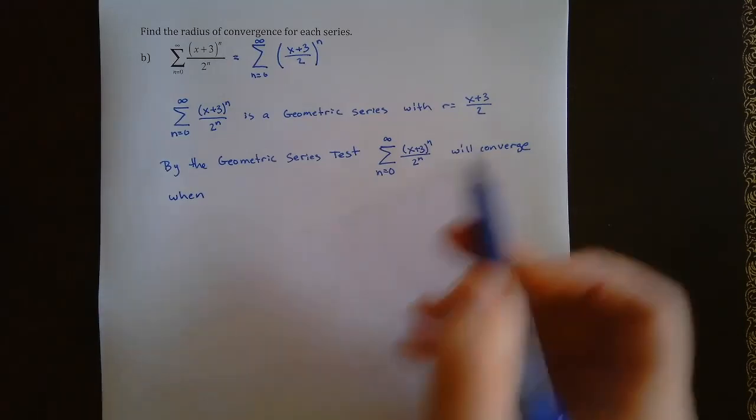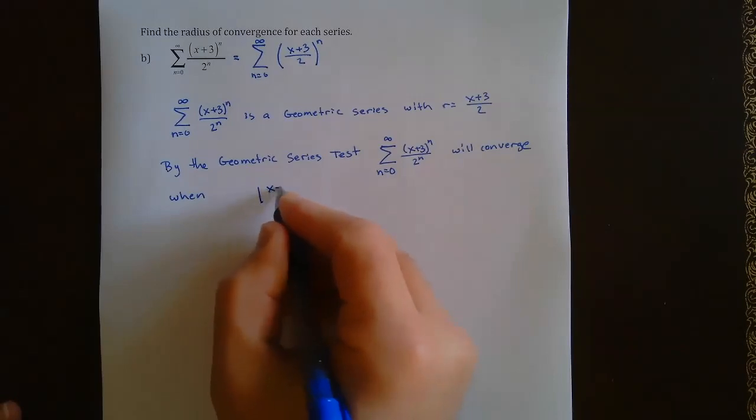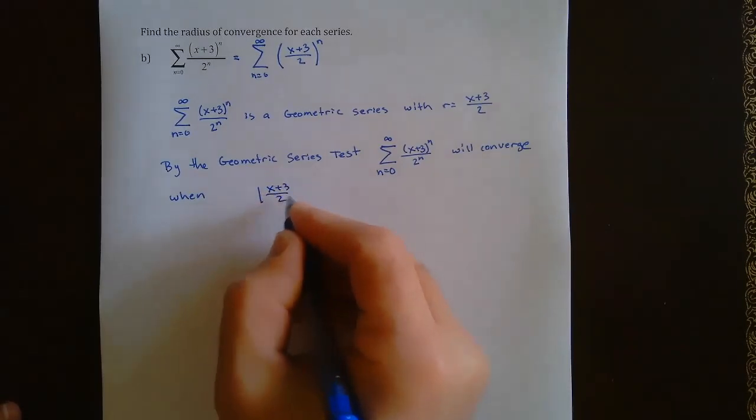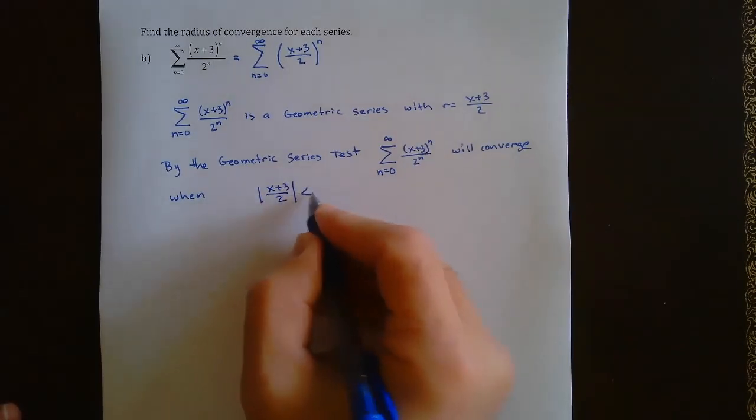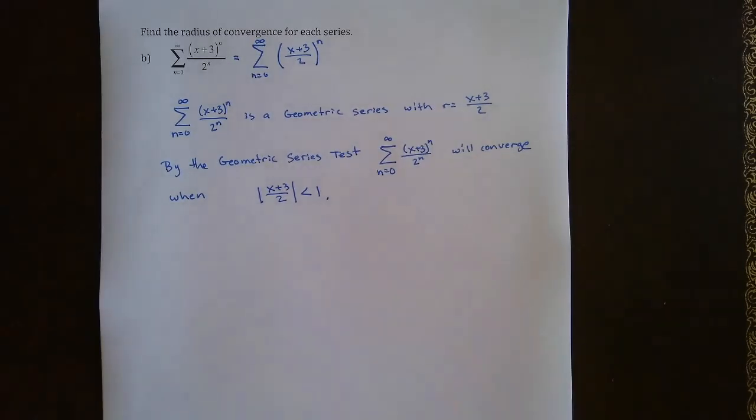When the absolute value of r, x plus 3 over 2, is less than 1. So this is going to allow us to find that radius of convergence.